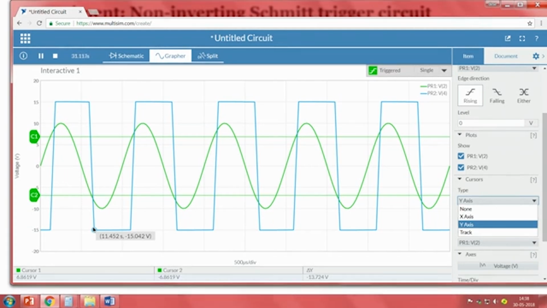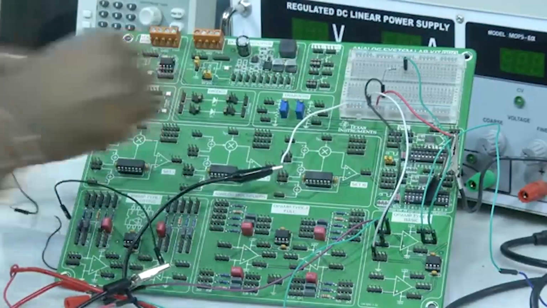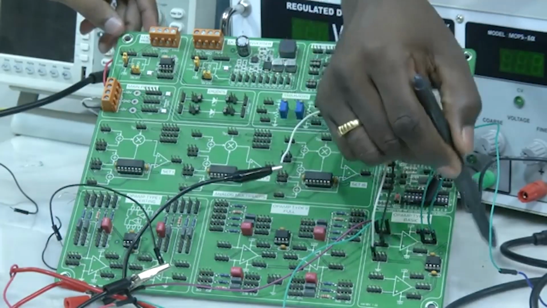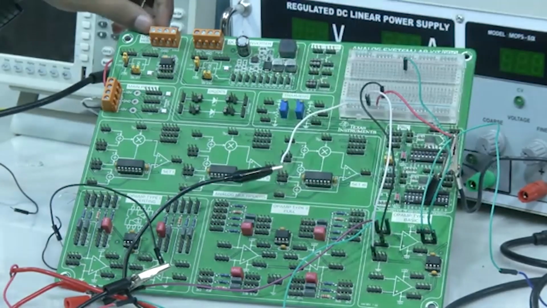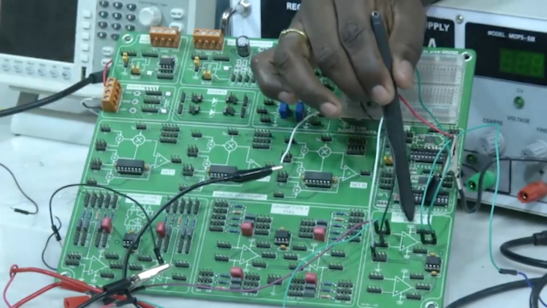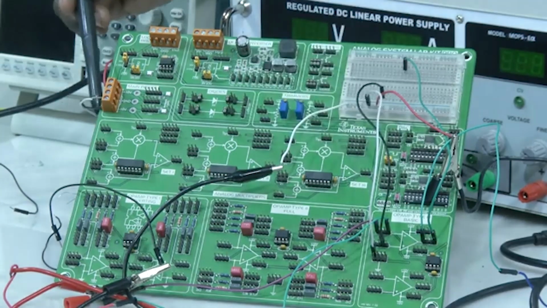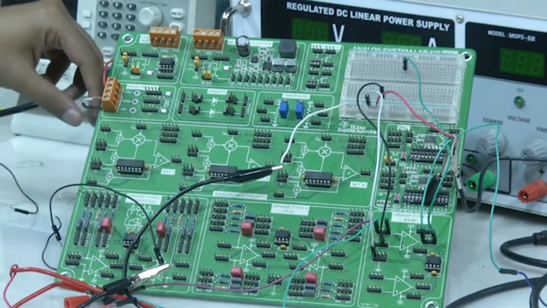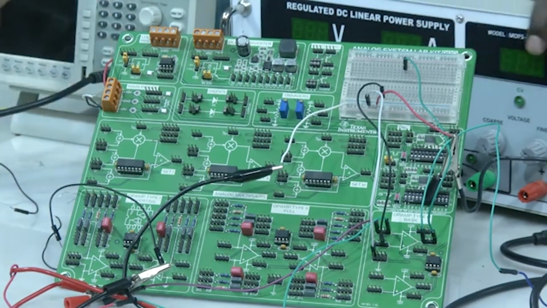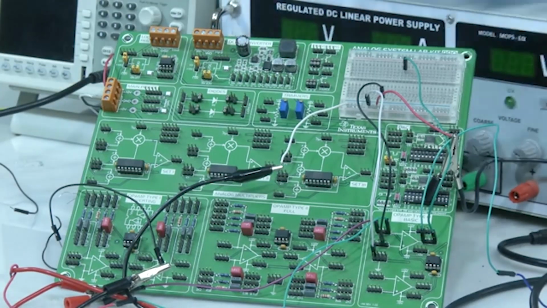We will see that. Now, when we come back to the circuit board, even in this case we are going to use this particular subsystem, similar to what we have done, and we will be using the same op amp. We have already seen the negative, positive terminal as well as output voltage, and the powering is already done here. If I switch on this power supply, I can provide power to the operational amplifier.